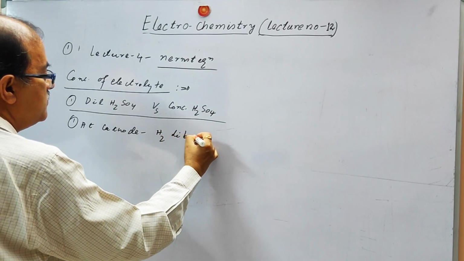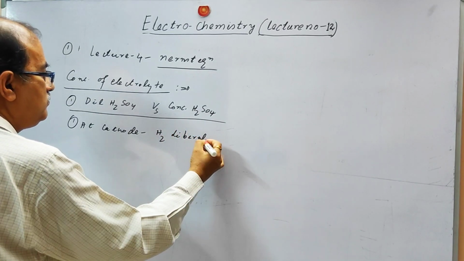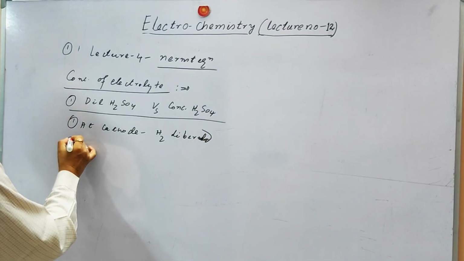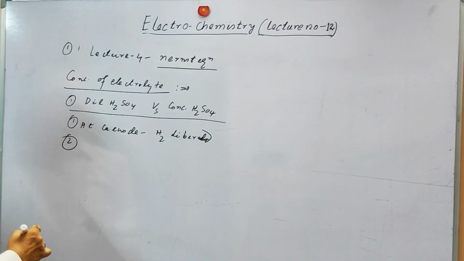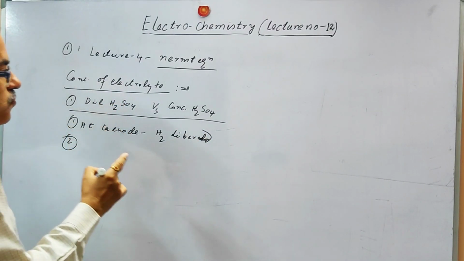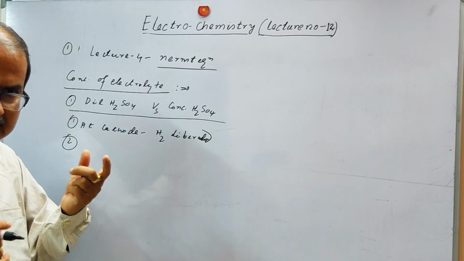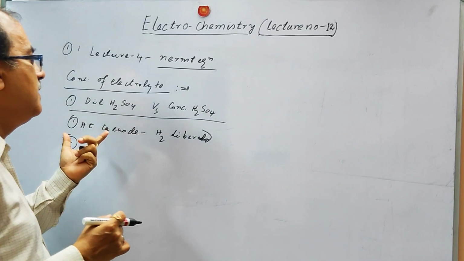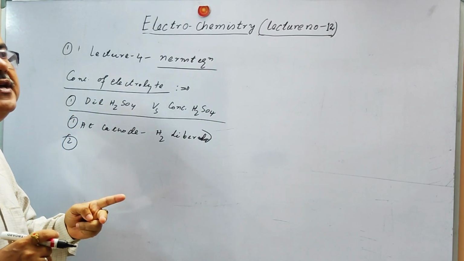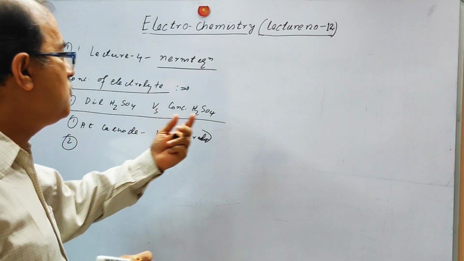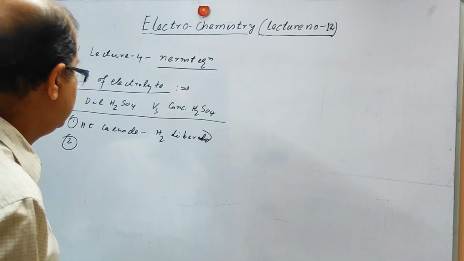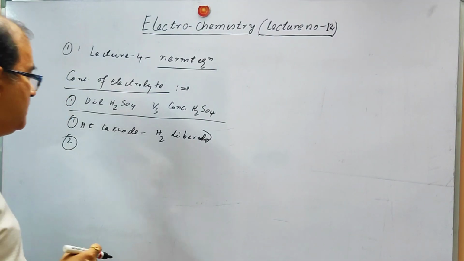No problem in this case. But at the anode, there are two reactions you can see: one is OH minus ions, that is water, which will be oxidized, and the SO4 2 minus ion will also be oxidized. So there are two reactions.